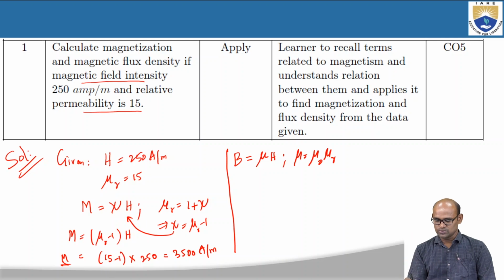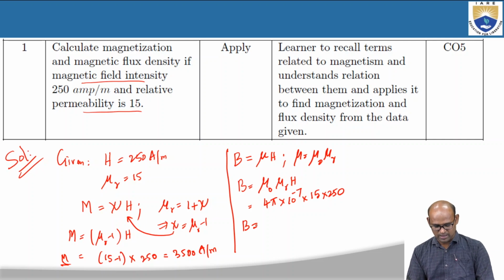So we substitute this into the equation: B is equal to mu naught into mu r into H. Mu naught is a constant, 4 pi into 10 power minus 7, mu r is given as 15 and H is given as 250. So we get the magnetic flux density B as 0.00471 Gauss.